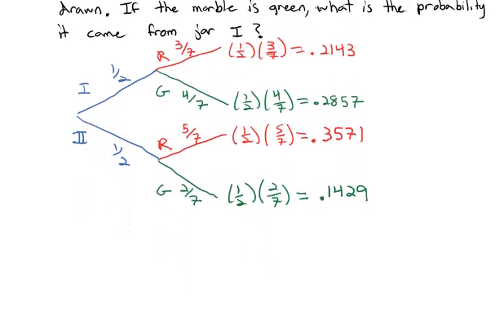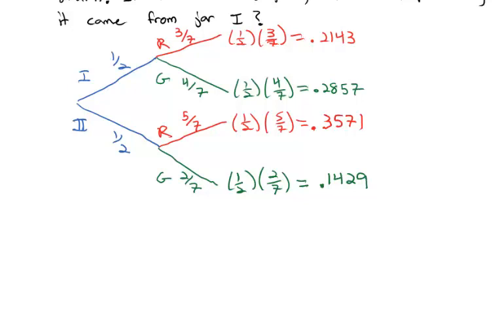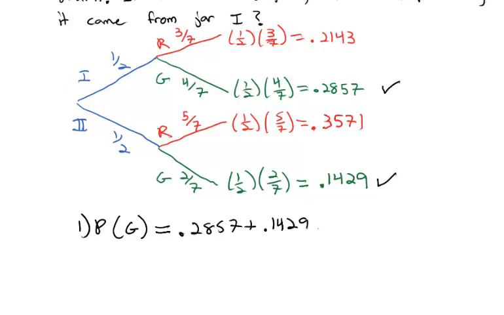So now that I've got a tree diagram, we can calculate some probabilities pretty quickly. We can find, for example, the probability of a green. That would be both of these green probabilities added together, 0.2857 plus 0.1429, which on the calculator is 0.4286.